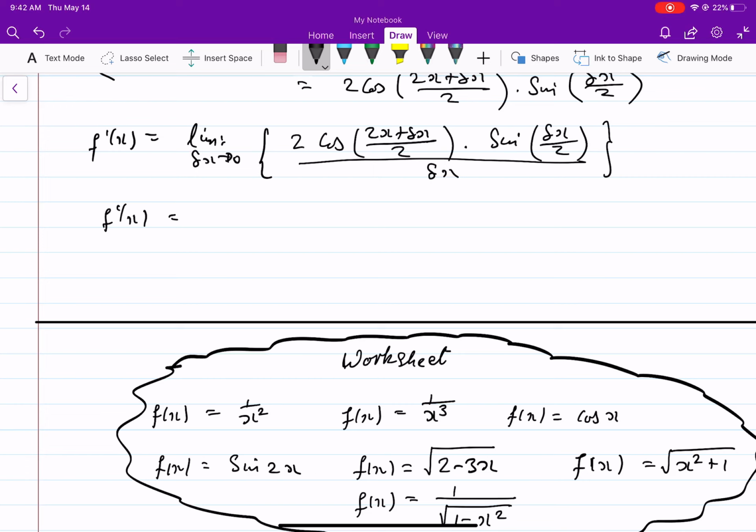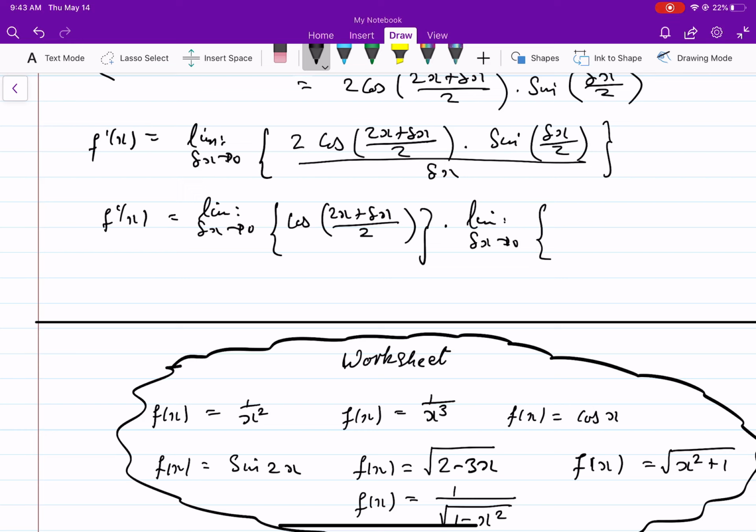f prime of x is the limit as delta x approaches 0 of cos of (2x plus delta x) upon 2, times the limit as delta x approaches 0 of 2 sine of delta x upon 2 upon delta x.